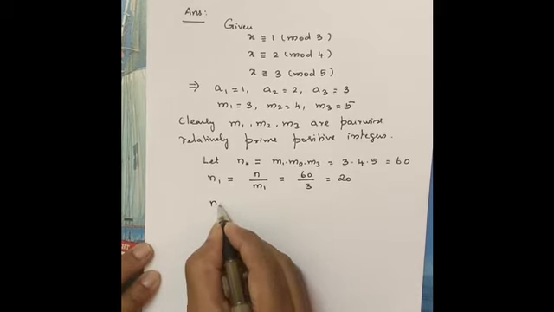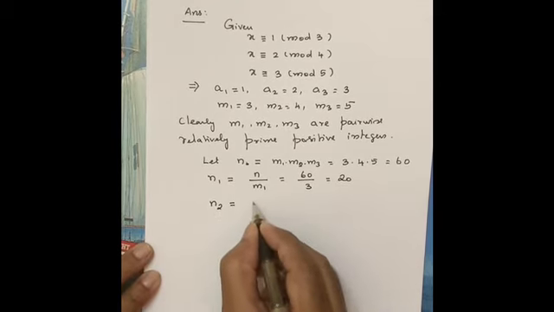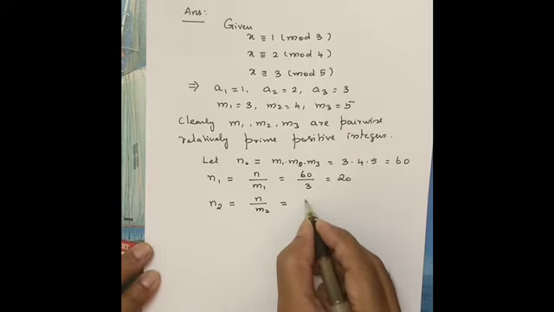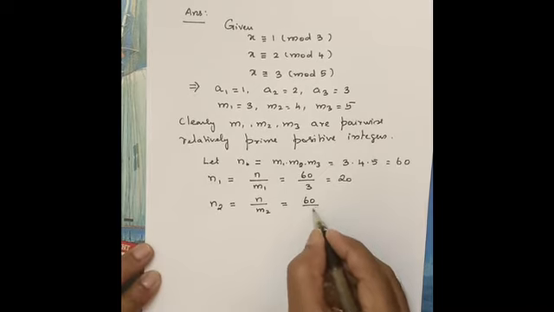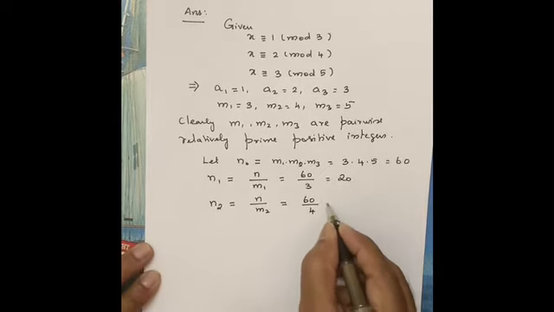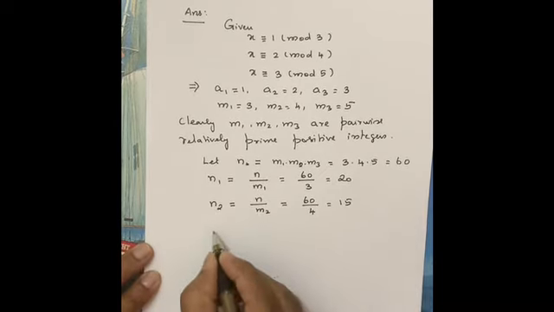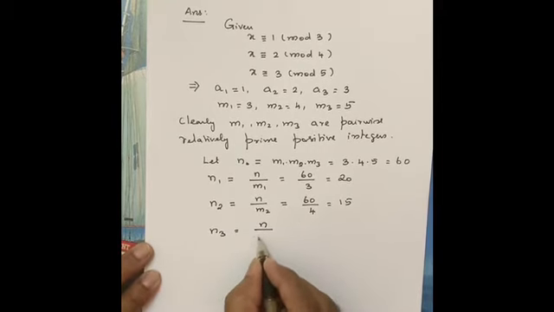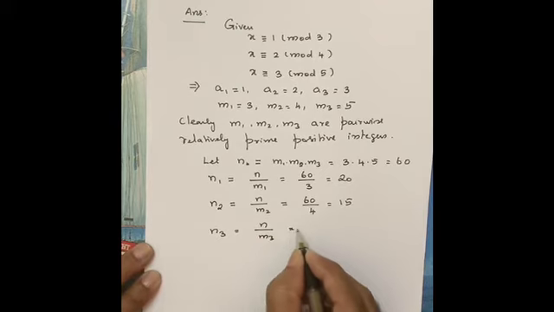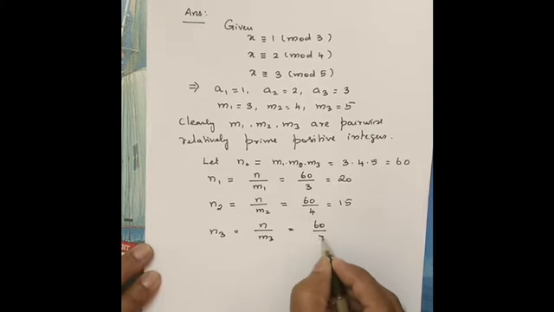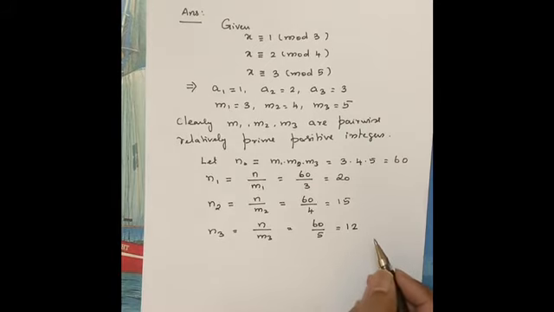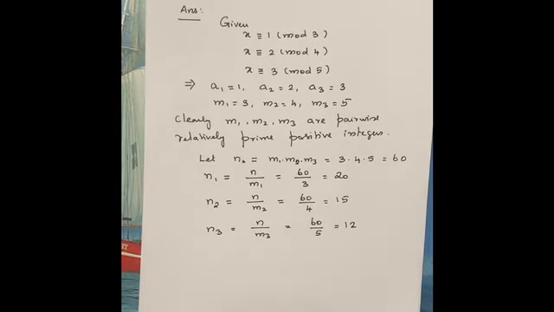What is n2? n2 is n divided by m2, which is 60 divided by 4, so it is 15. What is n3? n divided by m3, it is 60 divided by 5 equals 12. So we now have n1, n2, n3.